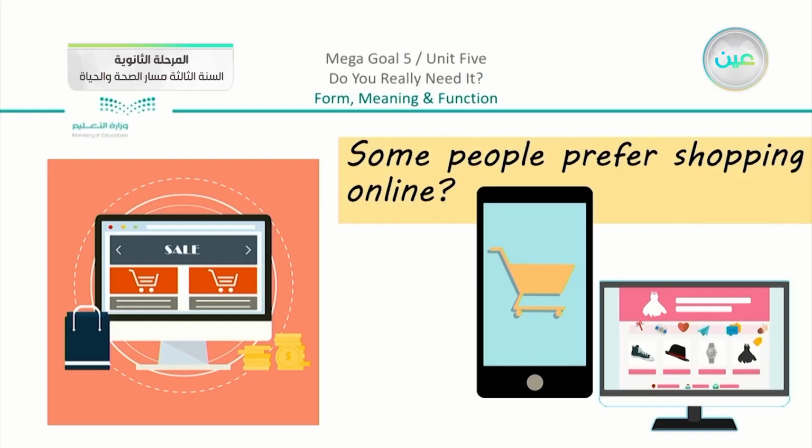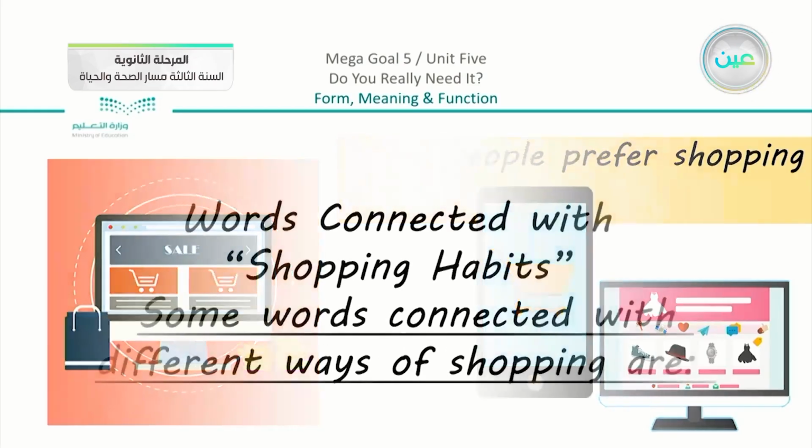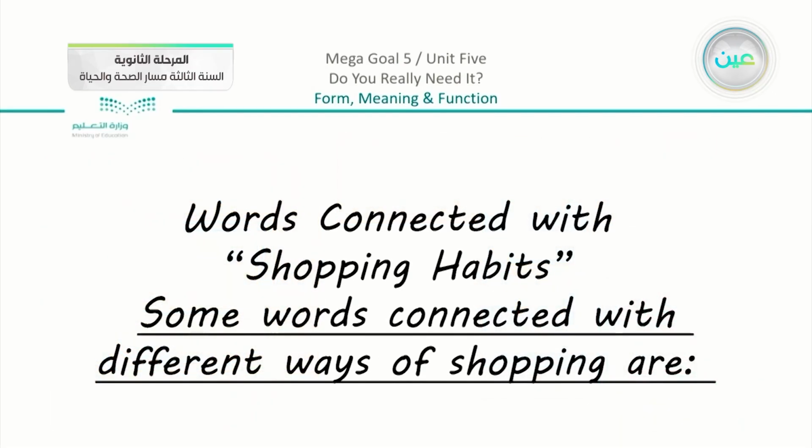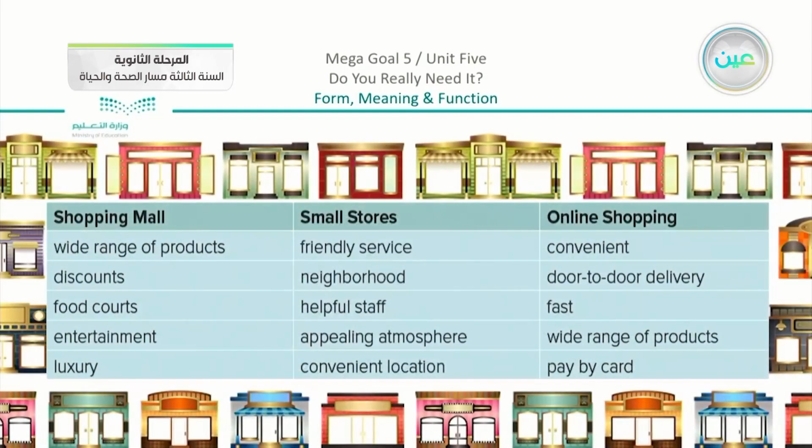Do you agree here? Now we have here the three types. There are actually words connected with shopping habits. Some words connected with different ways of shopping are. We can see that we have here the three types, and we have here words that are connected. We can see that we have here shopping mall. Now, connected to shopping malls, we can see that there is a wide range of products, discounts, food courts, entertainment and luxury.